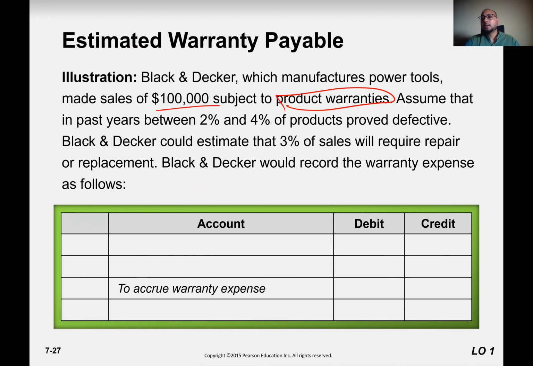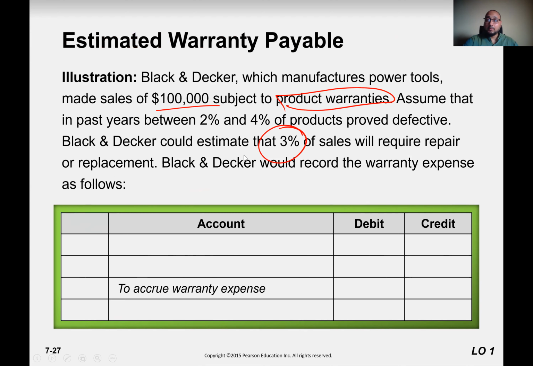Which is the accounts receivable through sales. Assume that in past years between 2% to 4% of products proved defective. It means 2 to 4% of products are defective and customers applied for warranty. So they estimated that 3% of the sales are going to require warranty services or replacement charges.